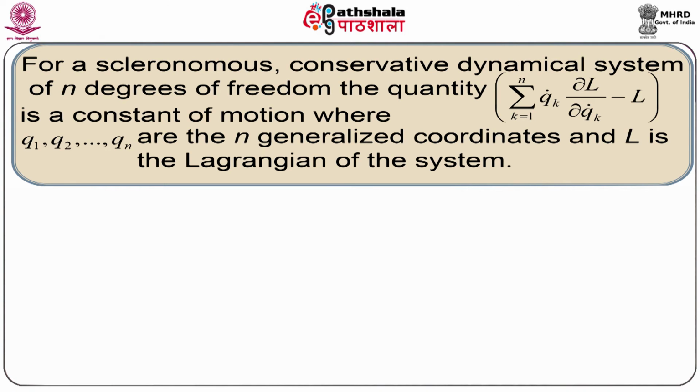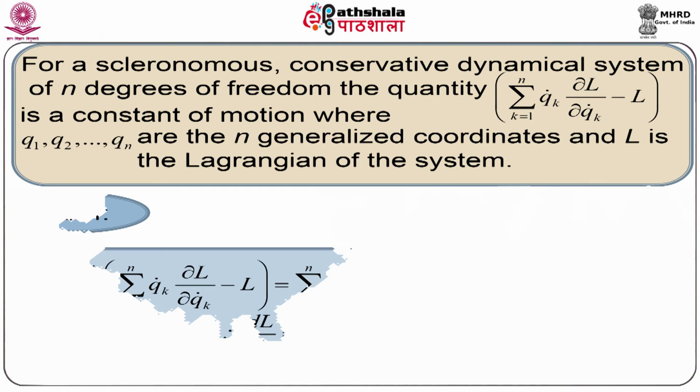For a scleronomous conservative dynamical system of n degrees of freedom, the quantity summation over k qk dot into del L del qk dot minus L is a constant of motion, where q1, q2 up to qn are the n generalized coordinates and capital L is the Lagrangian of the system.